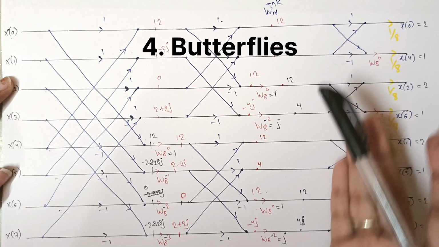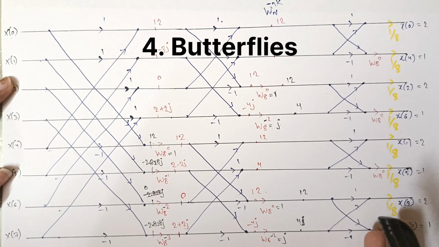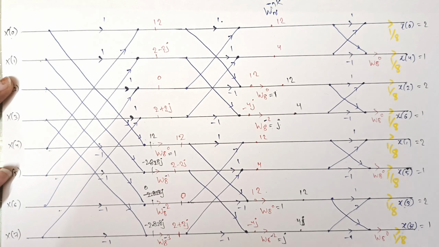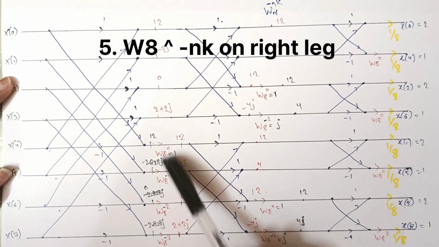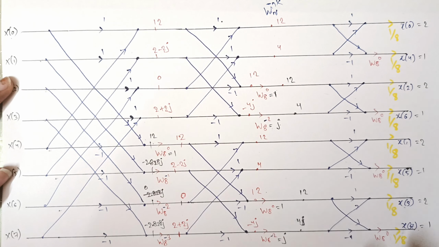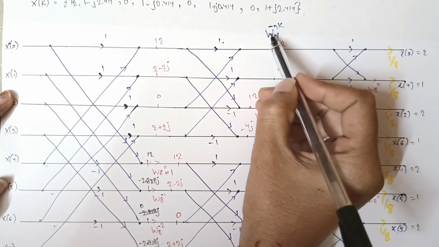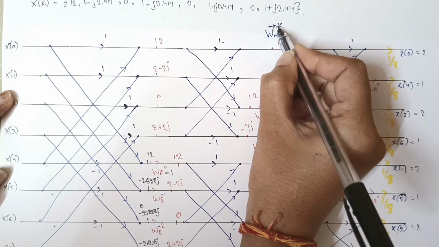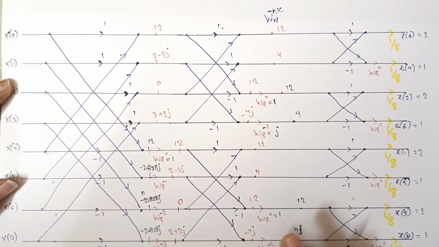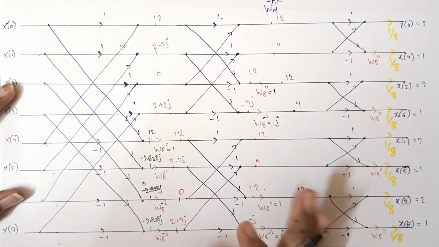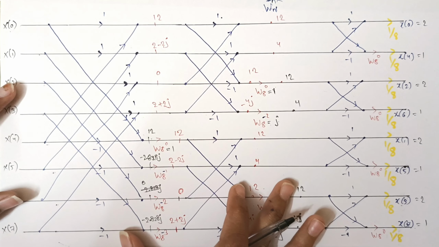The butterflies should start independently on the right hand side, and they will overlap as we move towards the left hand side, and these W values should be on the right leg of the butterfly. And also we need to take W_N to the power minus nk, not plus nk. Perfect.